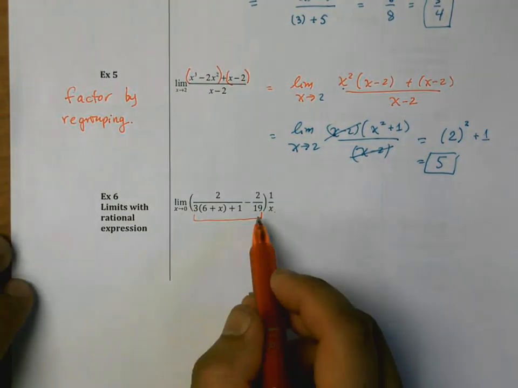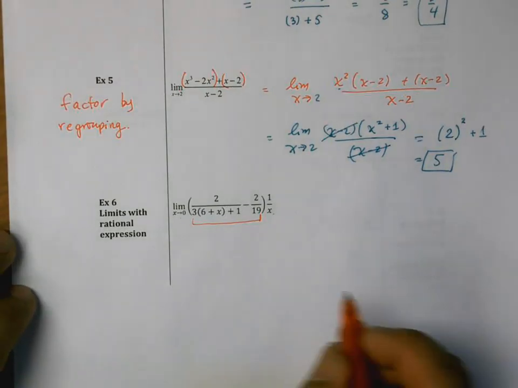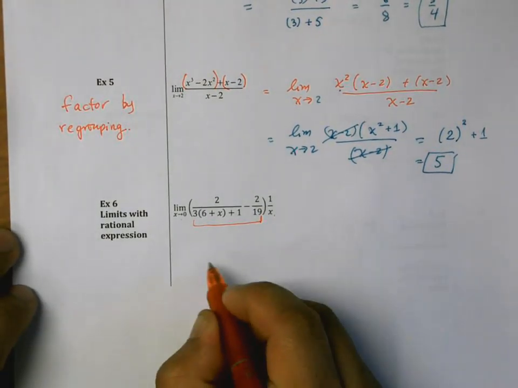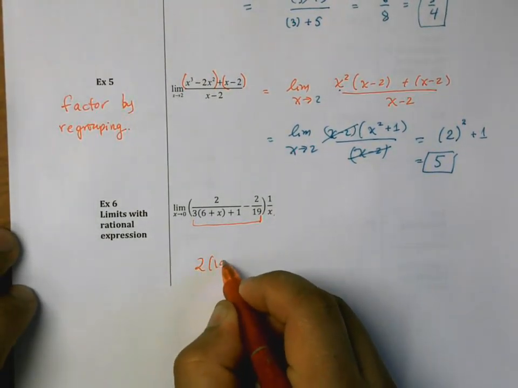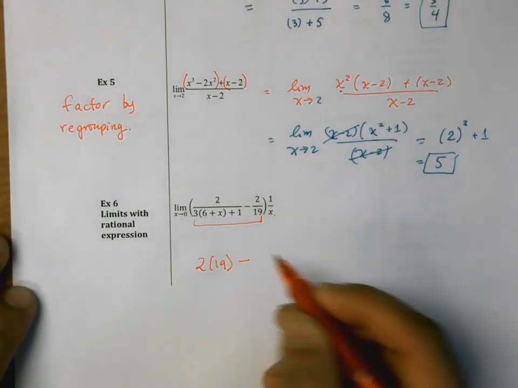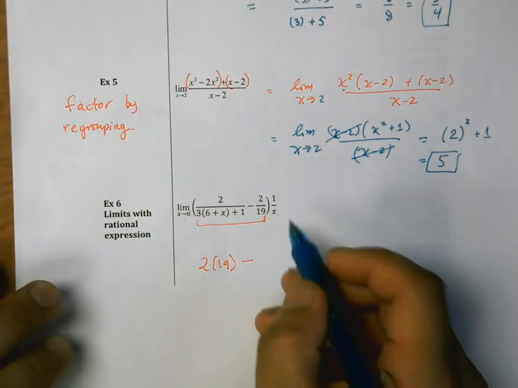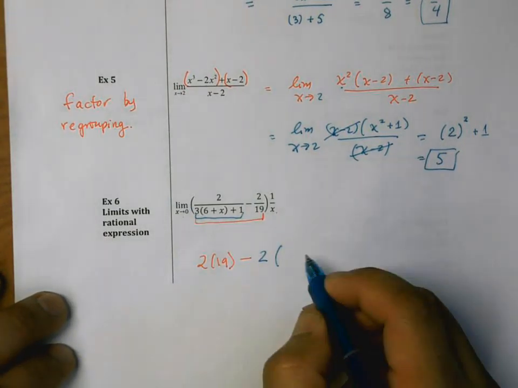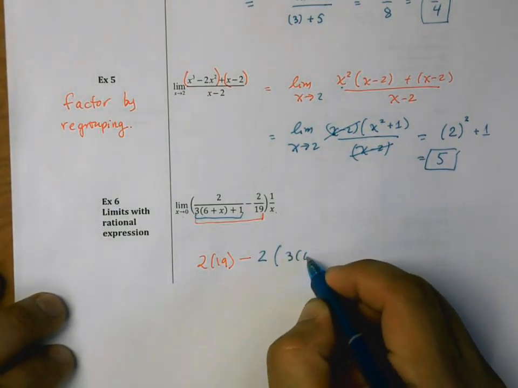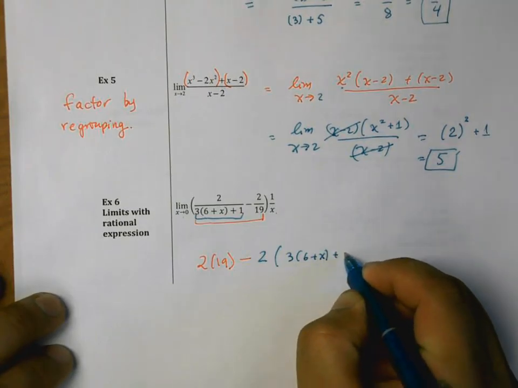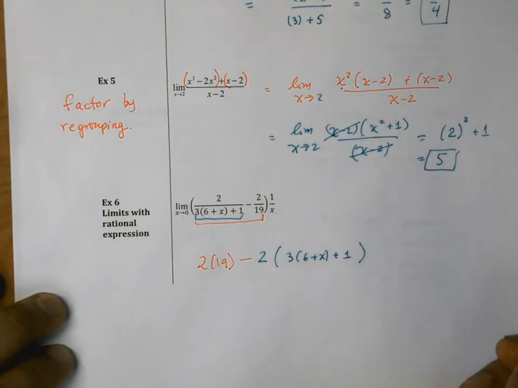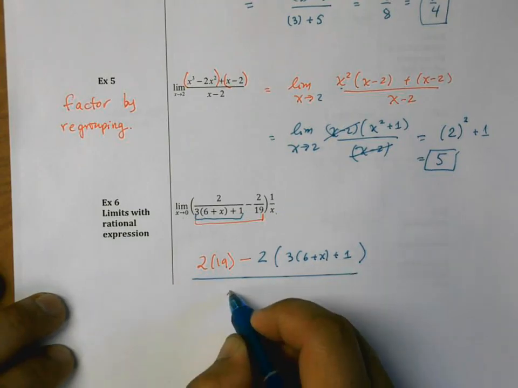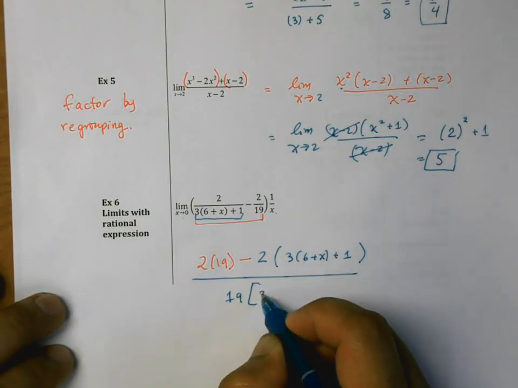So in the one fraction, I'm going to have 2 times 19 minus this 2 here times this entire block here, which is 3 times 6 plus x plus 1, all divided by 19 times 3 times 6 plus x plus 1.